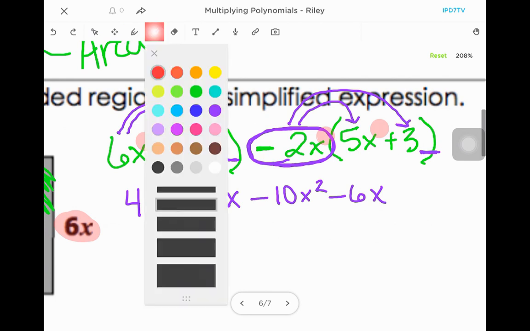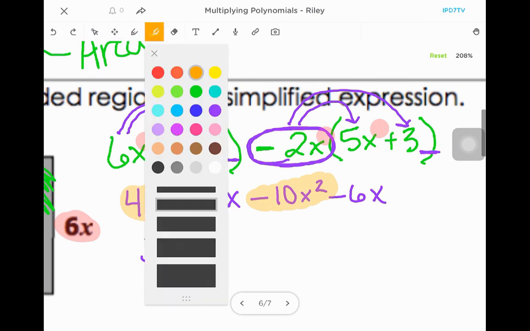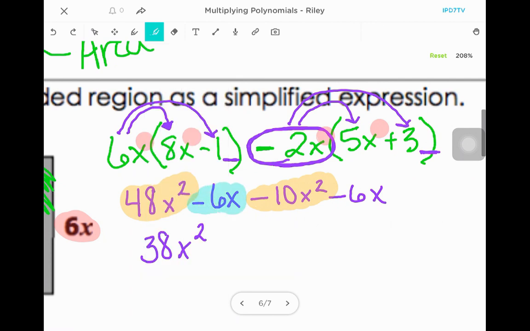So now let's combine like terms. Let's do oranges. Biggest exponent goes first, which happens to be my x squared. So I've got 48x squared minus 10x squared. Well, 48 minus 10 is 38x squared. And the next one I can subtract is negative 6x minus 6x.